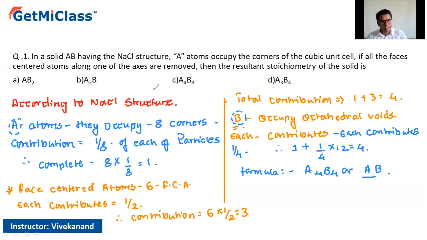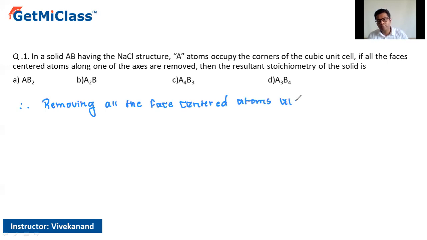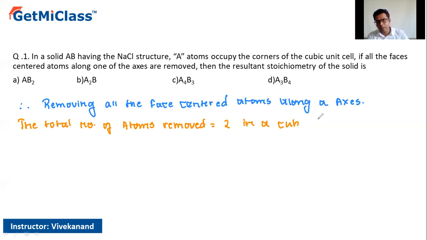But the condition that they have given is that the face-centered atoms are removed. When we remove all the face-centered atoms along an axis, the total number of atoms removed is equal to 2 in a cube.